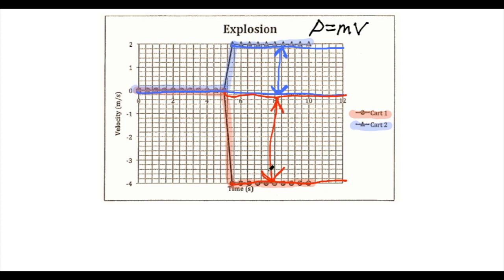Well, this object, cart 1, changes its velocity, it moves more than cart 2. So that means that it must be easier to move. Well, if this is easier to move, it means that it must be less massive.